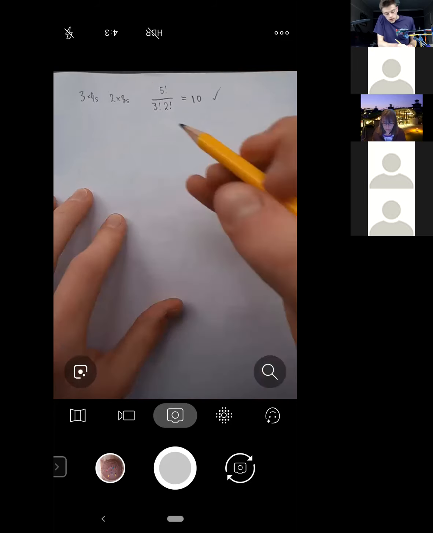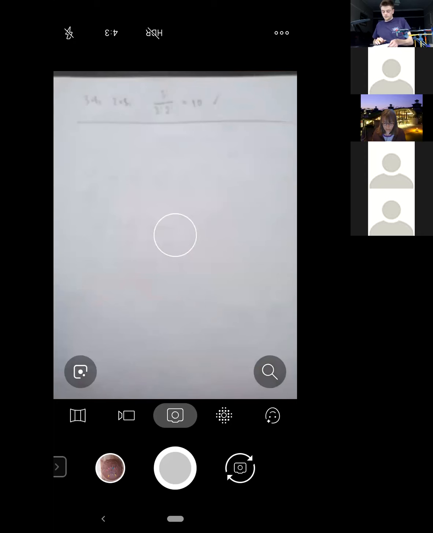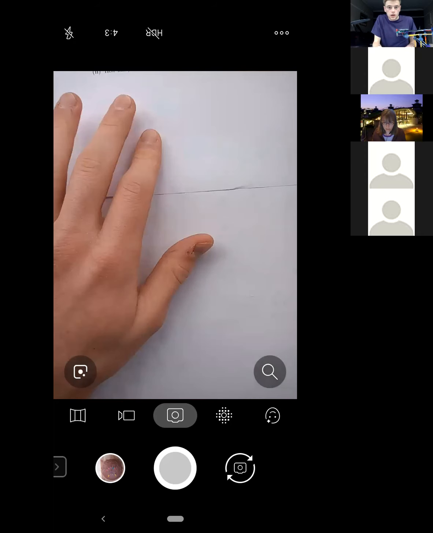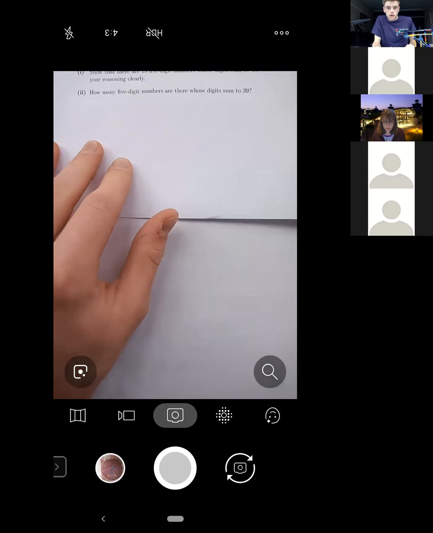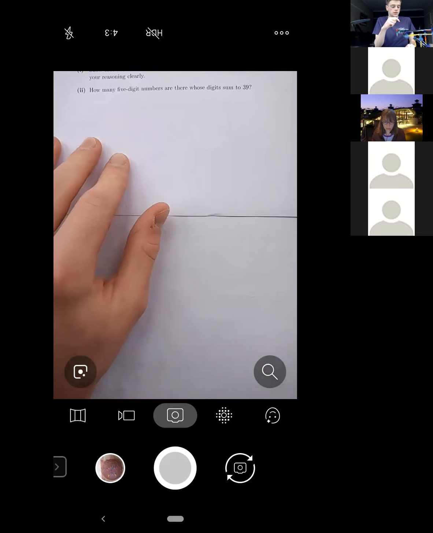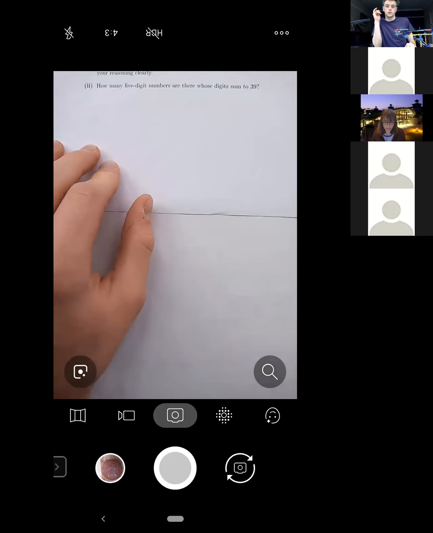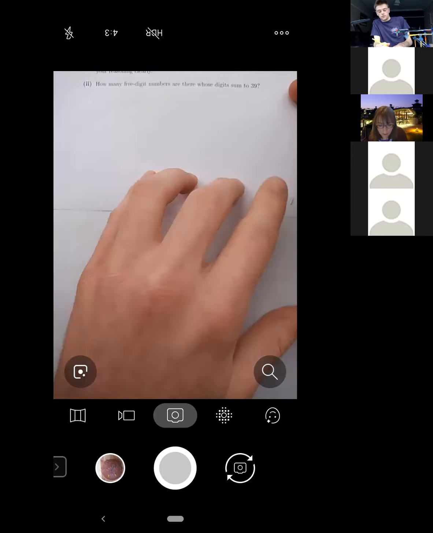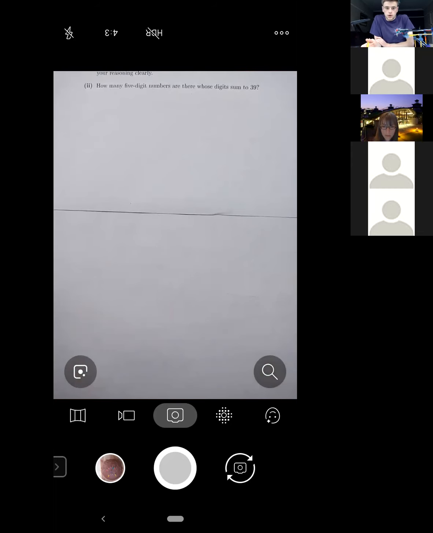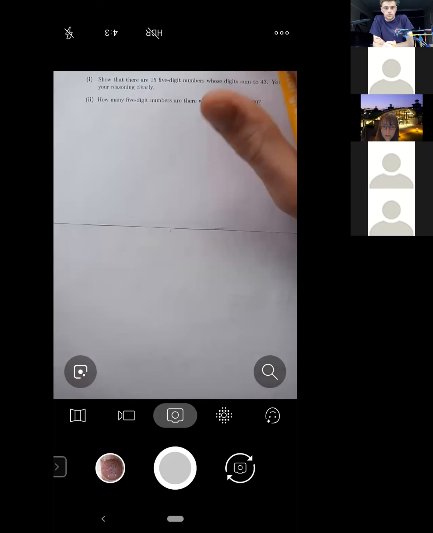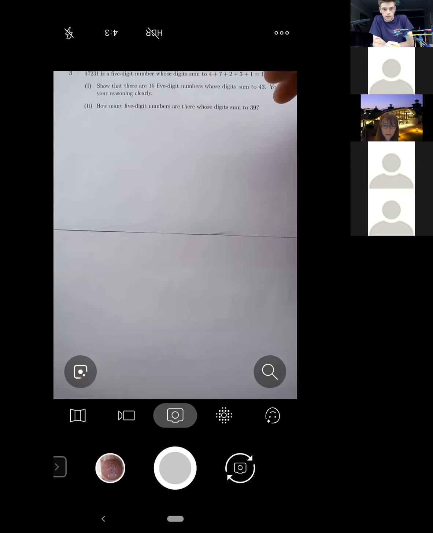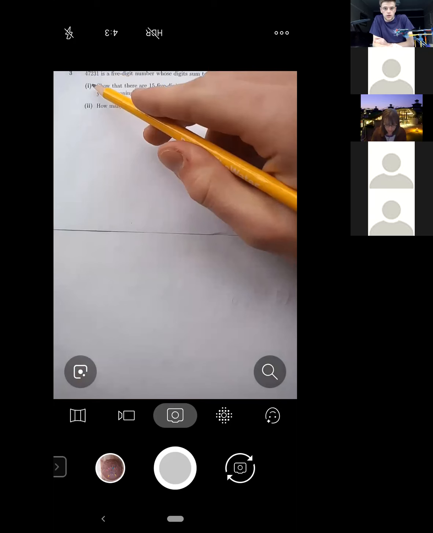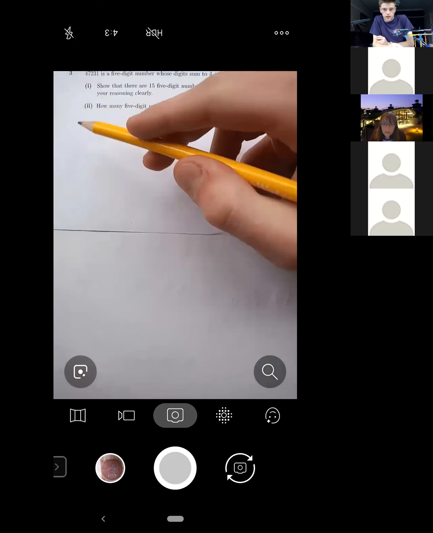So now the second part is how many 5-digit numbers are there whose digits sum to 39? So this is quite similar to the first part. By the way, a helpful point in STEP is that if parts are labeled I, etc., then they're most likely linked.